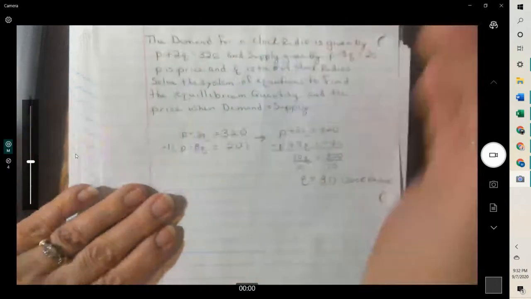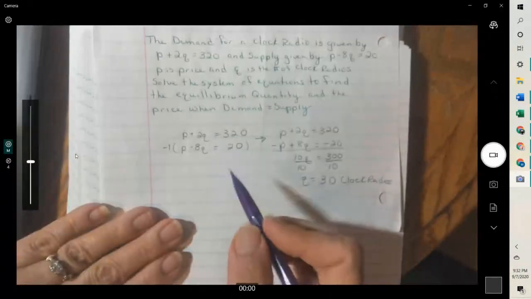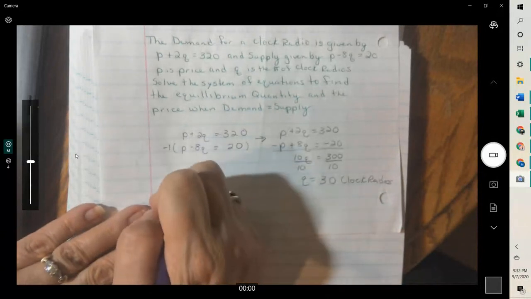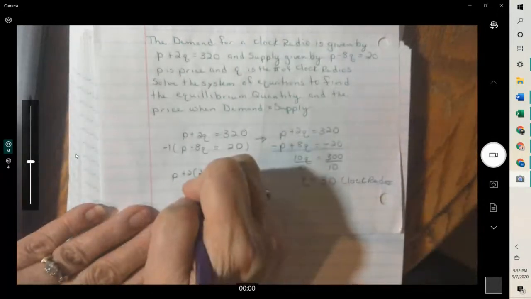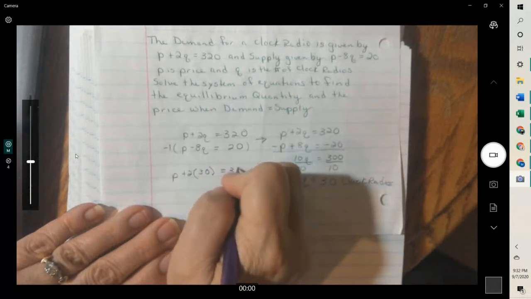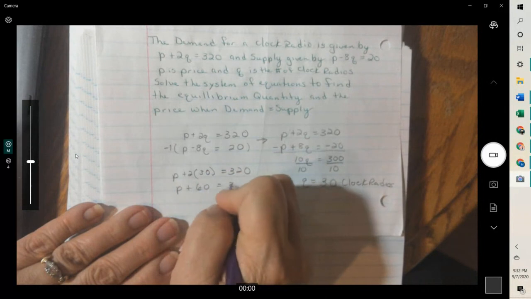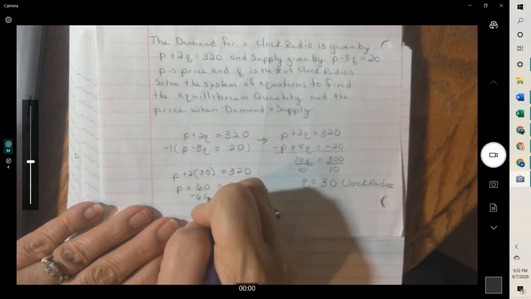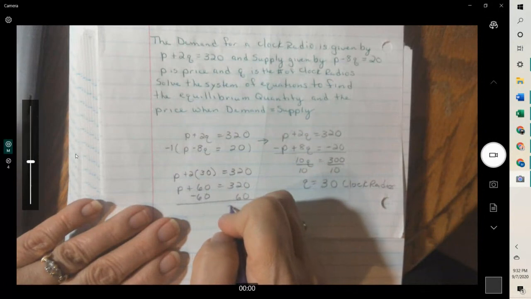To find the price, you plug it into either equation. I'm going to use the top one. P plus 2 times Q, which was 30, equals 320. P plus 60 equals 320. Subtract the 60. We get 260.